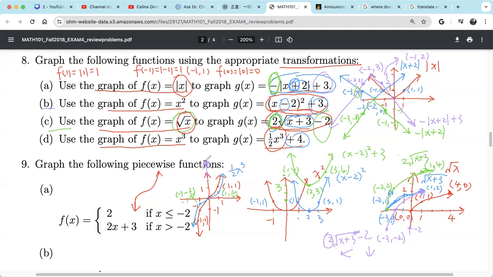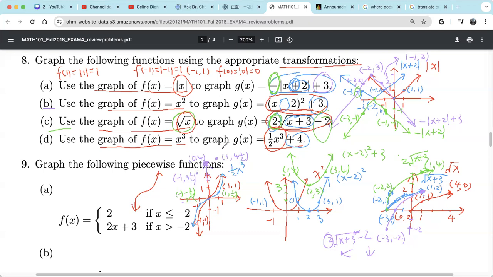This is 1, 2, 3, 4, so we have a point here. This is 0, 4. And then we have 1, half plus 4 is 4.5, so 1, 4.5 is somewhere here. And this one, -1, -1/2: 4 minus half is 3.5, so we go to -1, 3.5.